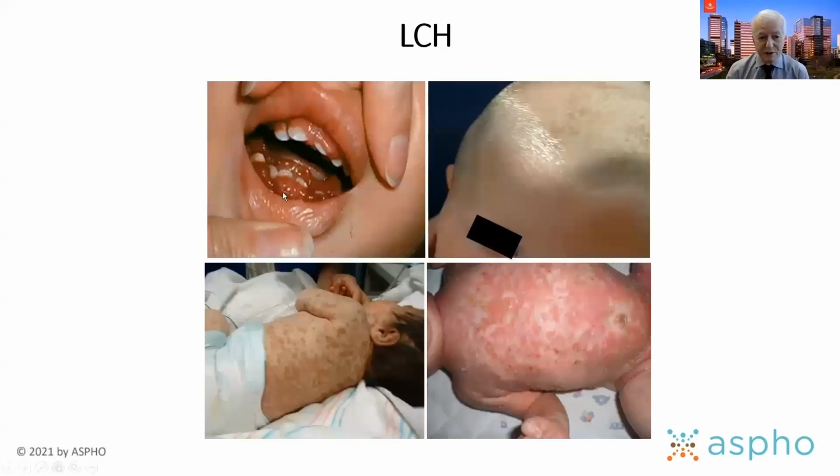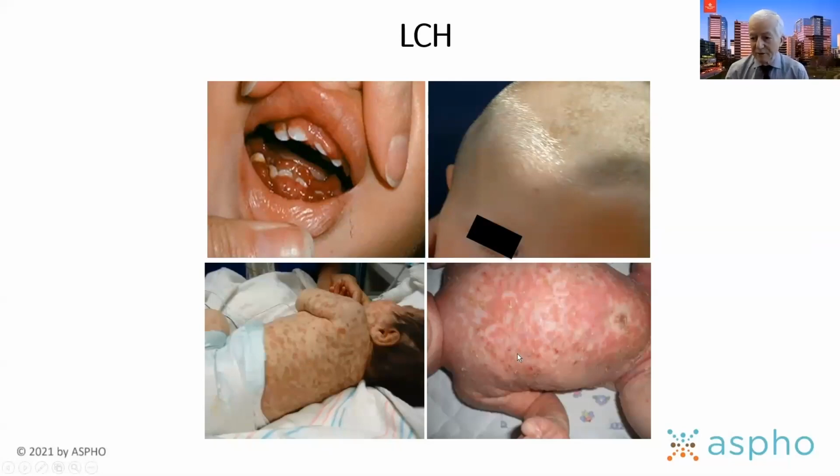There are some illustrations of the gingival hypertrophy in a young patient with dental abnormalities, the scaly scalp rash in this patient. This child had what was thought to be a congenital viral infection, but biopsy showed this was really LCH. And this is an extraordinary psoriatic-like rash, which turned out to be LCH.